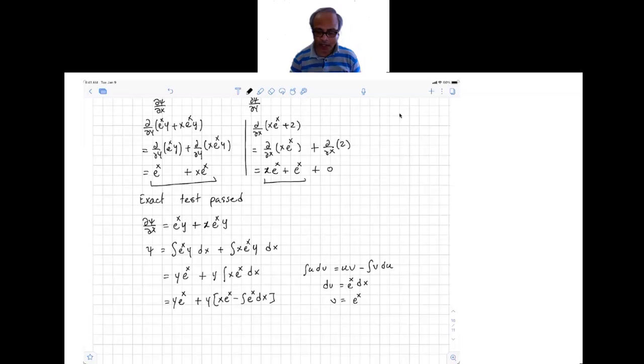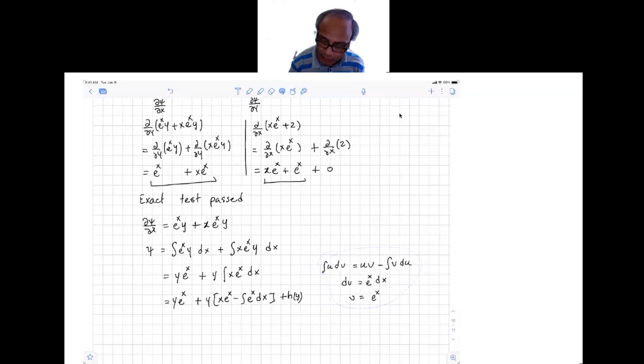Okay, so now you get a constant of integration. Now remember, you are assuming that y is a constant. So then the constant of integration could also be a function of y. So you write the constant as a function of y, h of y.